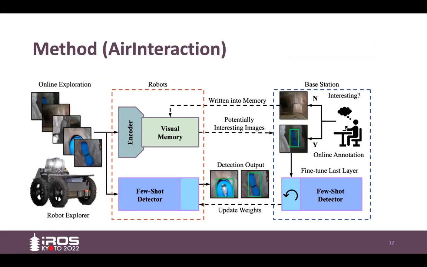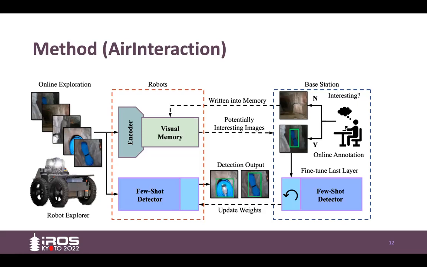So this is the method. We call this the interaction. On the left side, the robot explores the environments. When the robot perceives some scenes, they go through the visual memory module in the robot that processes the interestingness of the scenes. The robot selects potentially interesting images and sends those images to the human operator sitting at the base station.